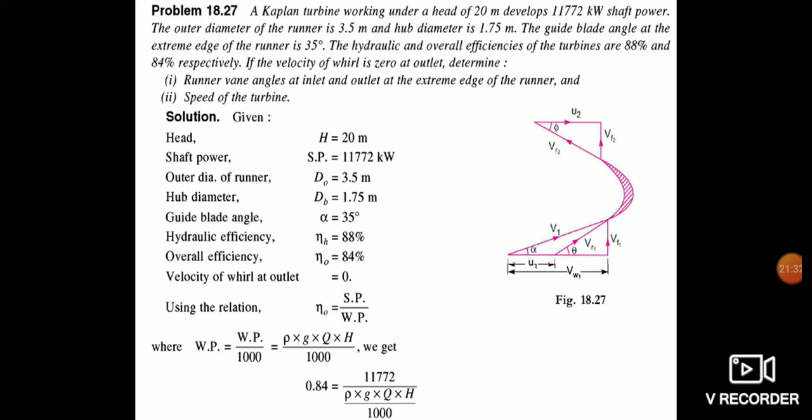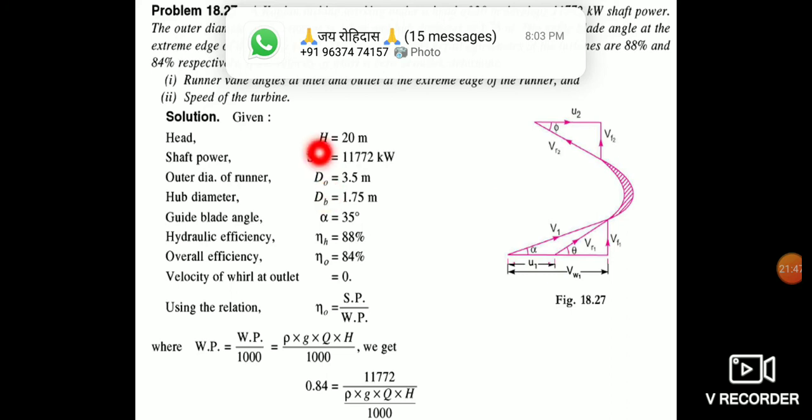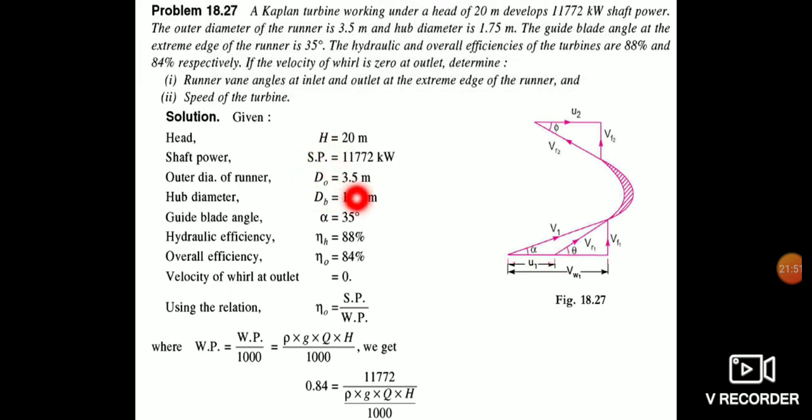Then the guide blade angle at the entrance extreme edge of the guide blade, alpha, is given as 35 degree. And then hydraulic efficiency is given as 0.88, that is 88%, and overall efficiency is 0.84.